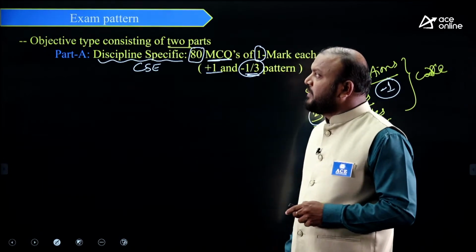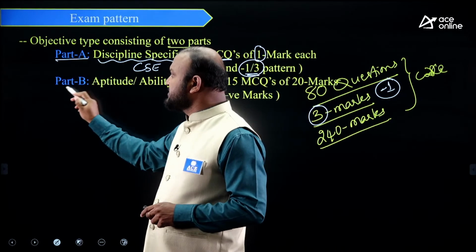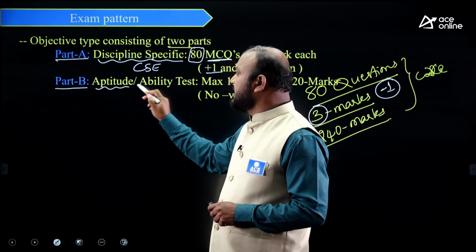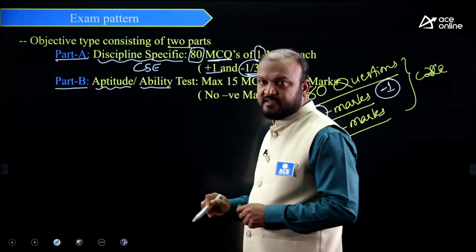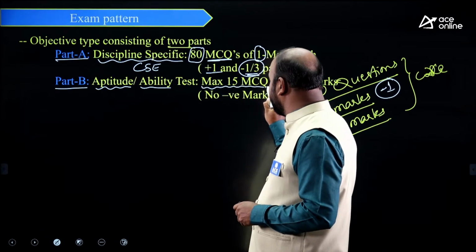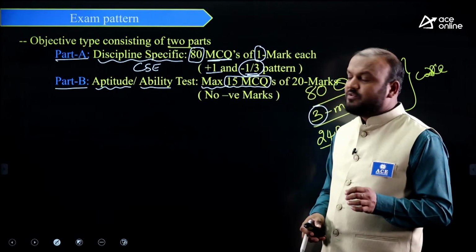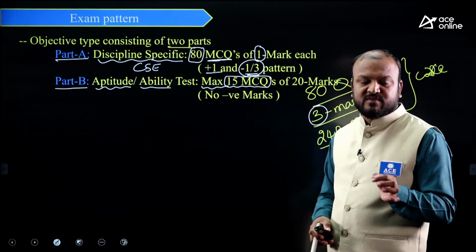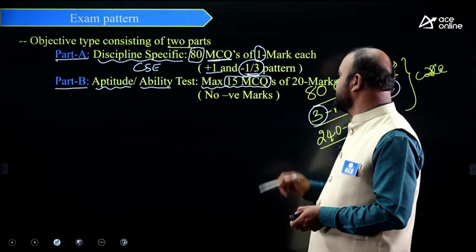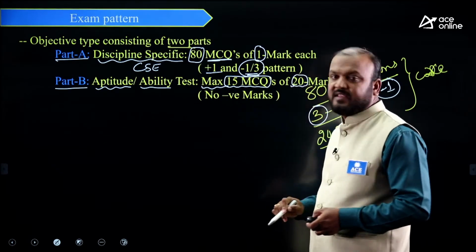Now the paper is of 2 parts. Part A is for discipline specific and part B is for aptitude and ability test. And this part B consists of a maximum of 15 MCQs. It is not mentioned whether it is 10 MCQs or 15 MCQs. It is said maximum of 15 MCQs, and these cover 20 marks.